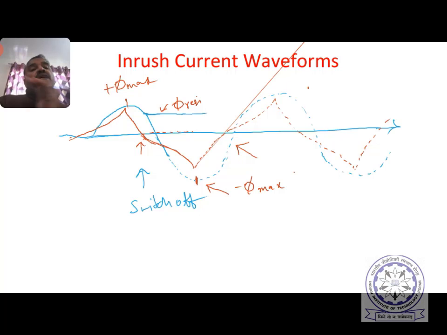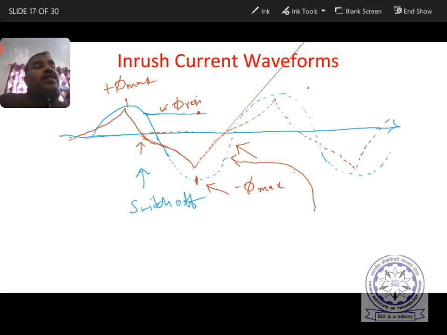Then only it will balance the voltage. But at this instant the value of the flux is the residual flux. Now from here onwards, unless it follows the similar slope characteristic, the voltage will not be balanced. Therefore, the flux has to follow the similar slope characteristics.